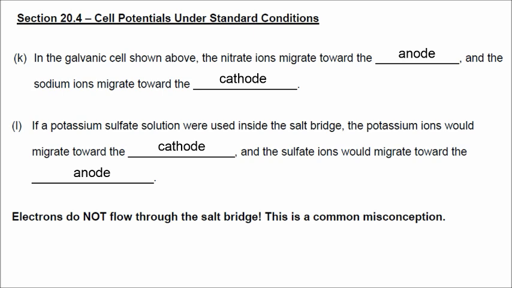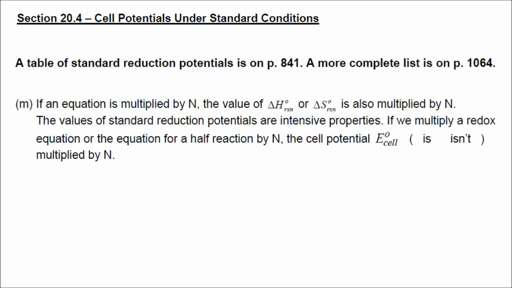Remember that ions travel through the salt bridge; electrons do not travel through the salt bridge, electrons travel through the wire. And again, you can find a table of standard reduction potentials on page 841 in chapter 20, as well as a more complete list in the back of your textbook on page 1064.